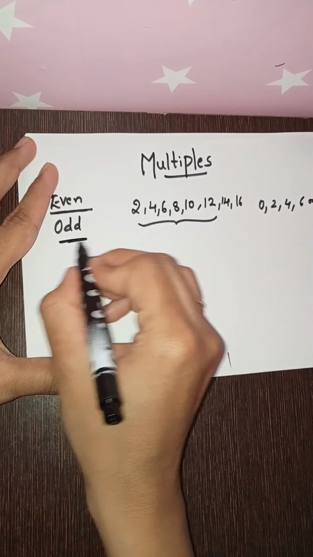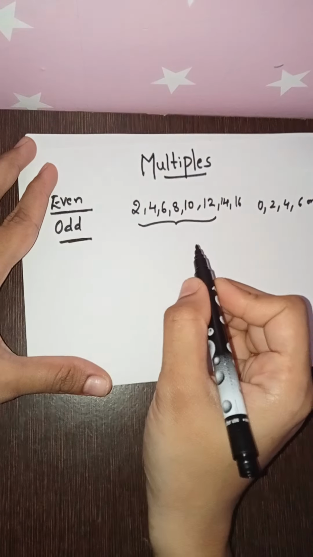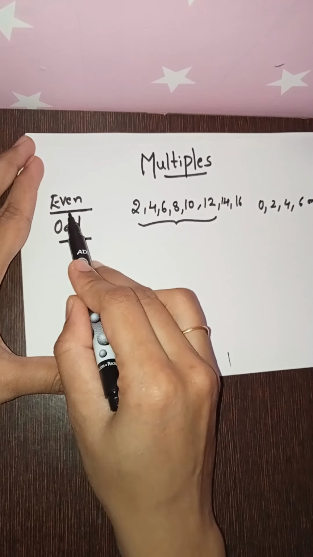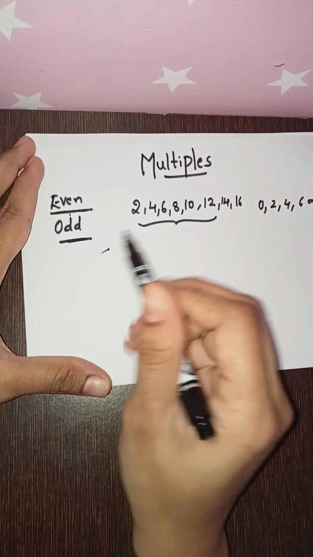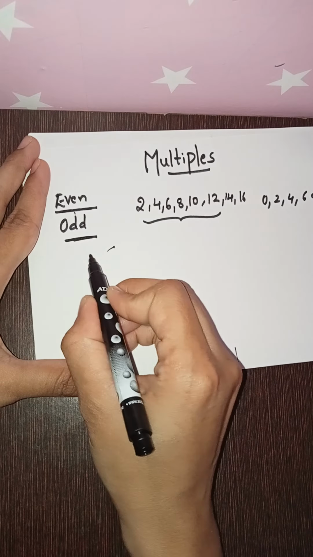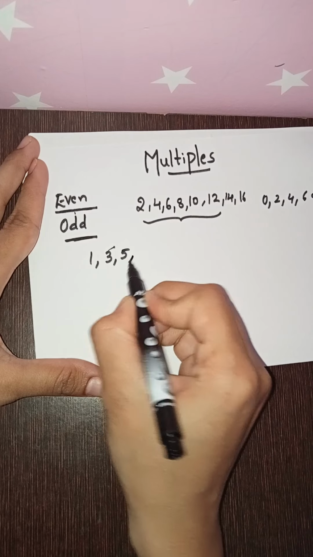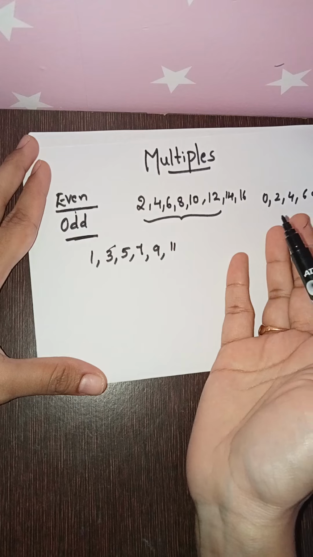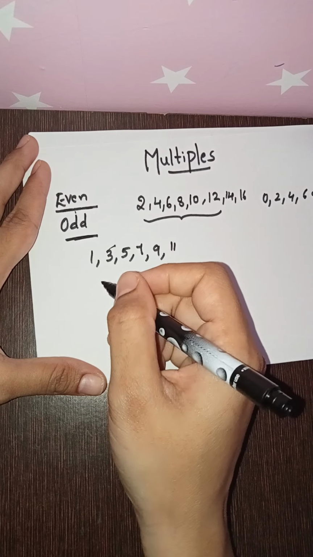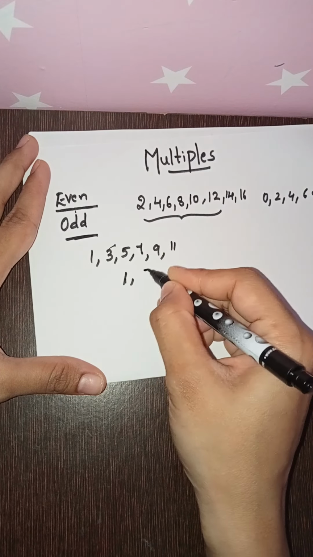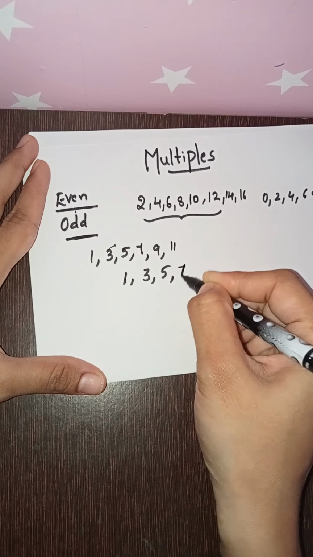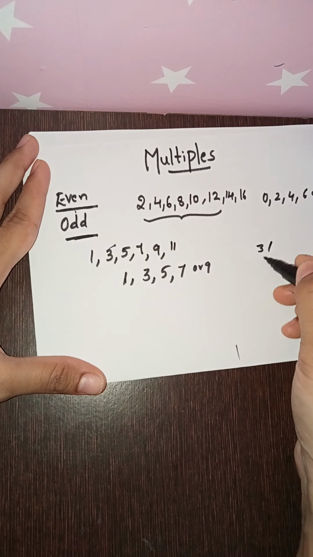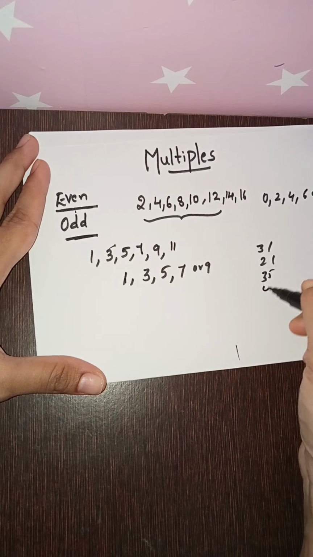And what are odd numbers? A number which is divisible by 2 is called an even number, and a number which is not a multiple of 2 is called an odd number, like 1, 3, 5, 7, 9, 11, 15. These are some of the odd numbers, and odd numbers always end in one of the digits 1, 3, 5, 7 or 9, like 31, 21, 35, 45.